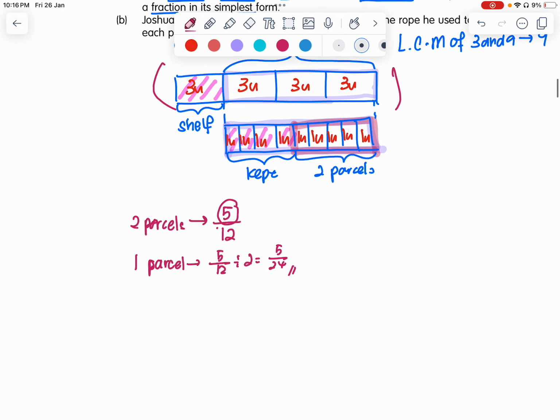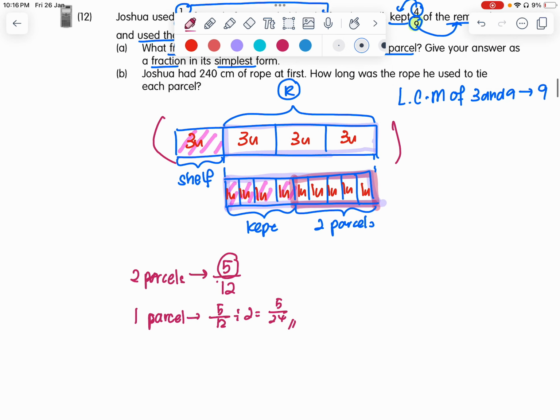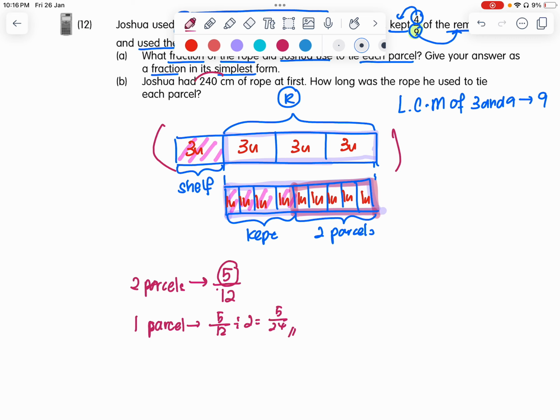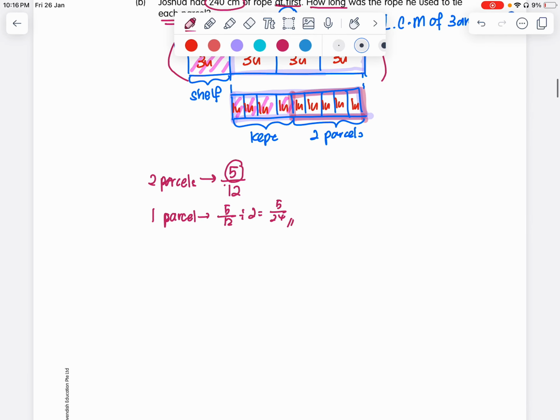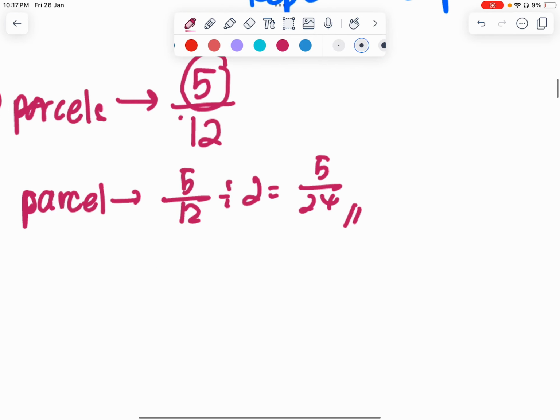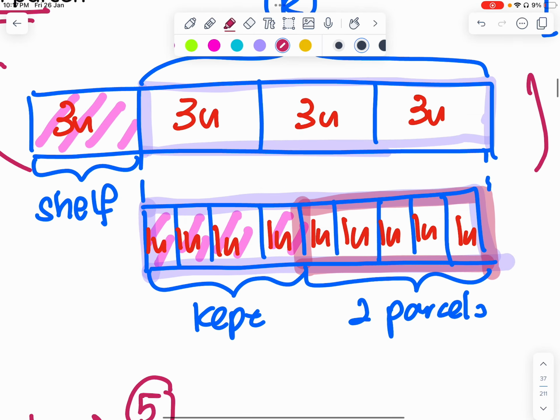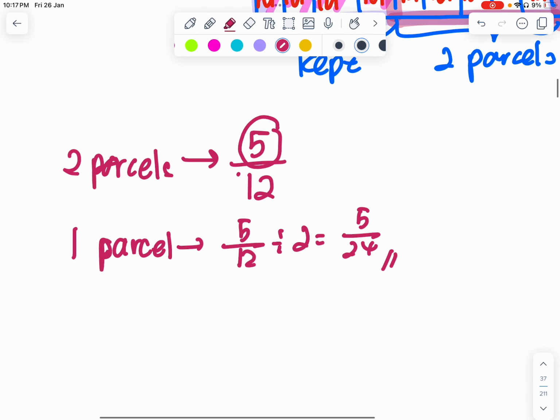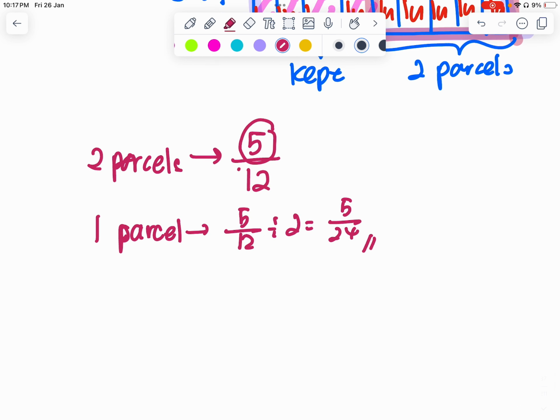Next, for part B, Joshua had 240 cm of rope at first. How long was the rope he used to tie each parcel? If you look at this, you realize that my denominator is no longer 12 units as shown in the model, because after I divided by 2 to find 1 parcel, my total units is 24.